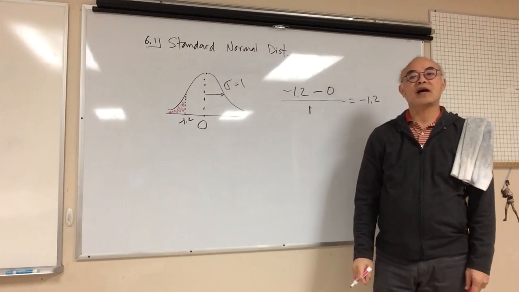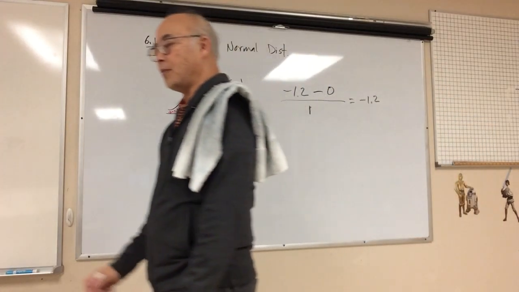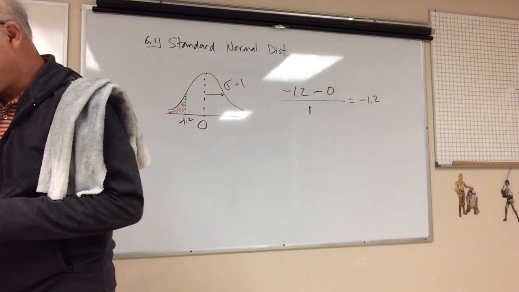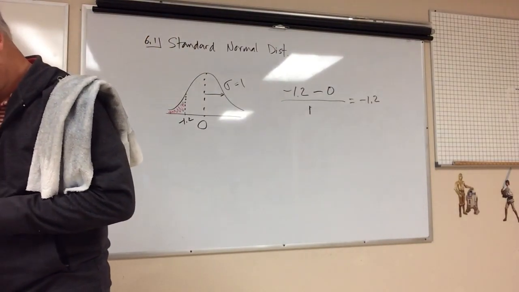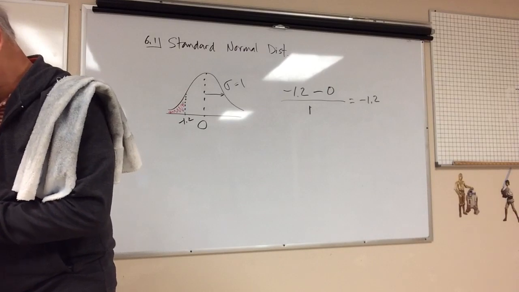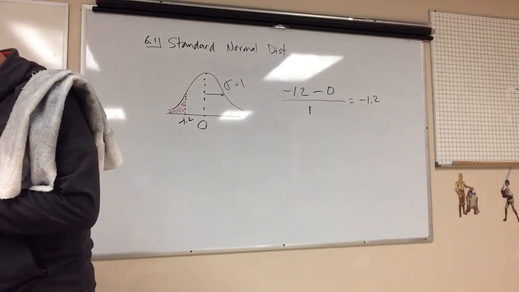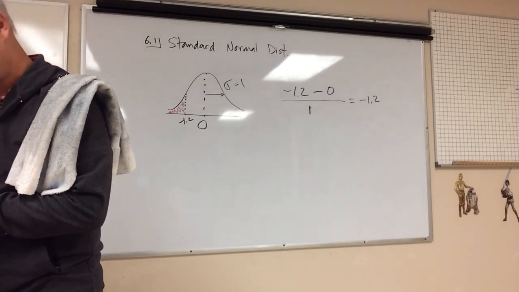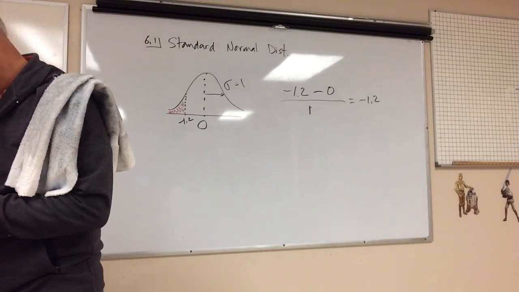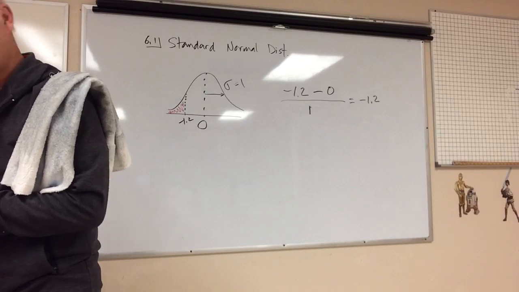How would you find that out using that graph, using that table? Where am I at? Negative 1.2. So I'm on page 684. I'm on the far left column, reading off negative 1.2, correct?